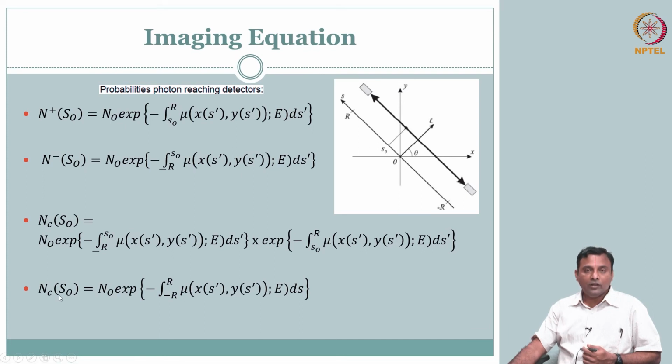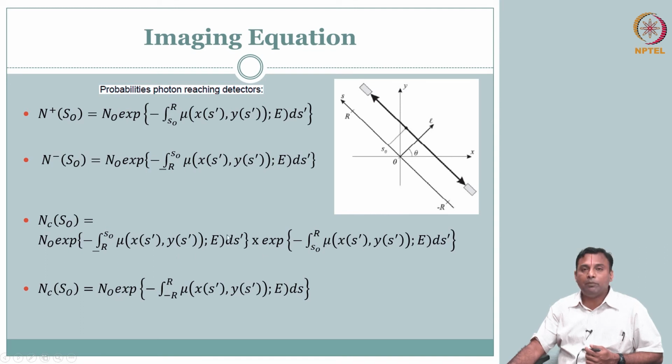So N coincidental is nothing but N0, the activity that happened there, and exponential of loss over that path minus R to plus R. So now you see the advantage, at least maybe you do not see it yet, but you can recognize already that this is a big deal. This is simplifying our problem a little bit.